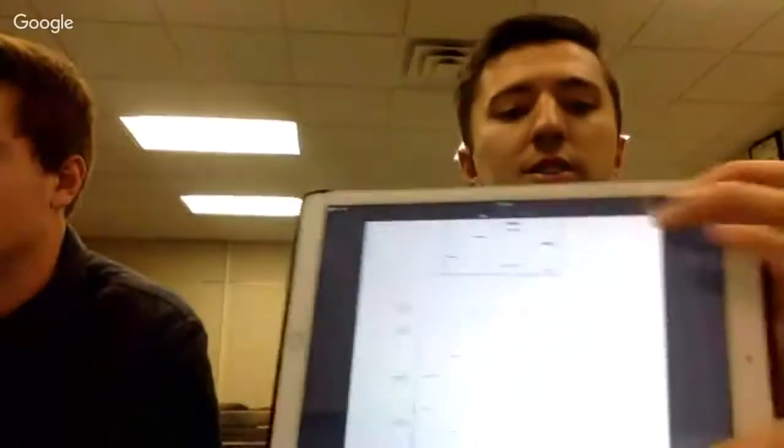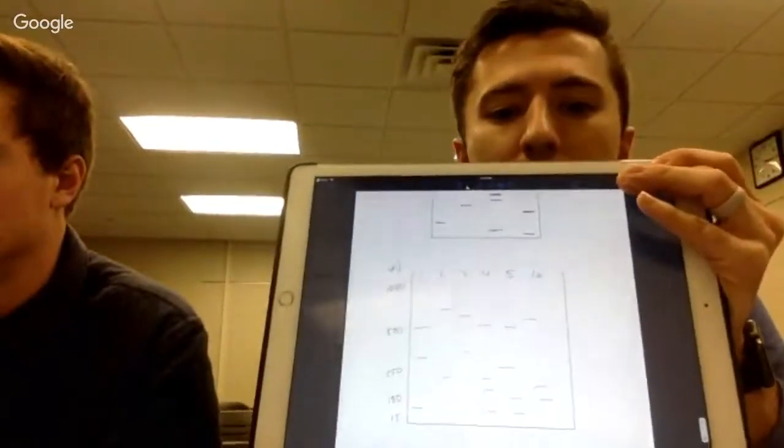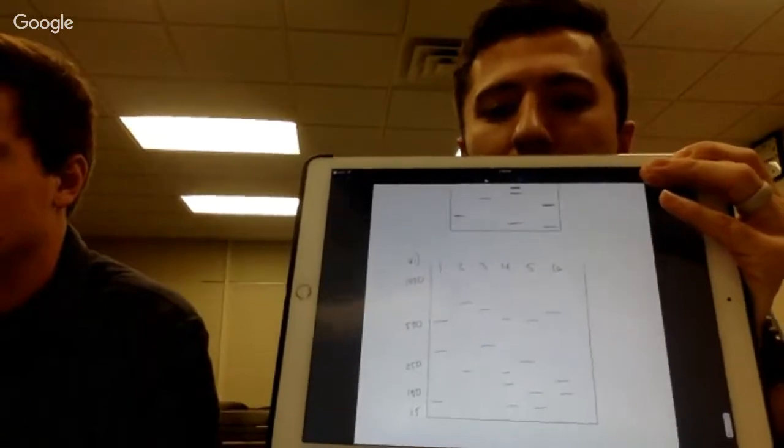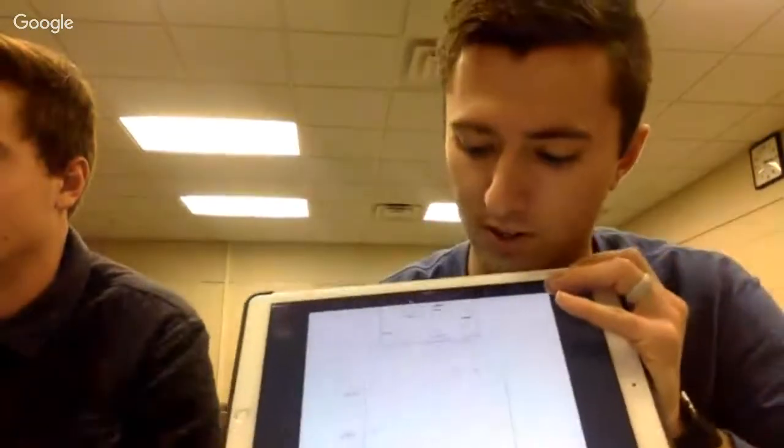So you take that. If reaction 1 gave 50 base pairs, you would make a gel that looks something like this. You say 50 base pairs, 350 and 500 are for reaction 1. So 50 is way down here on mine for reaction 1, in between 25 and 100, and then 300, and then 500 is right up here. And then for the next one, you just keep doing that.